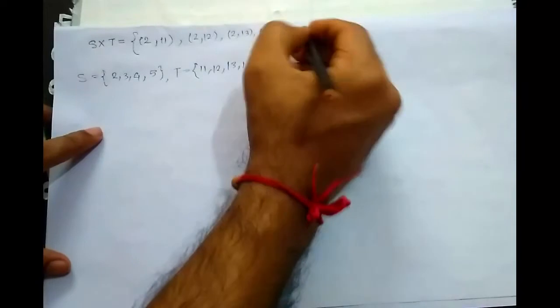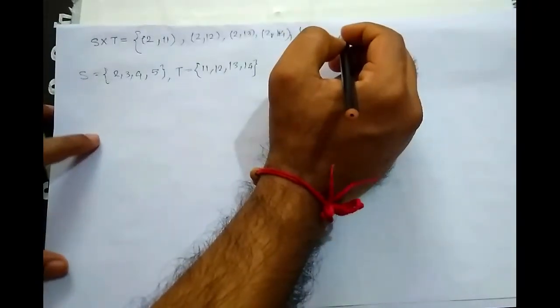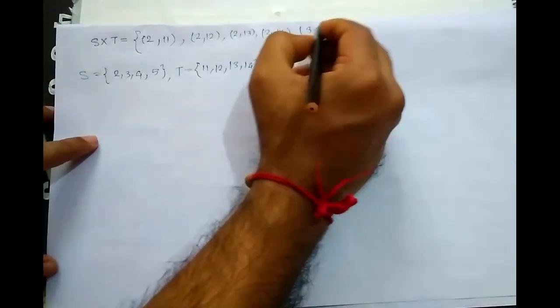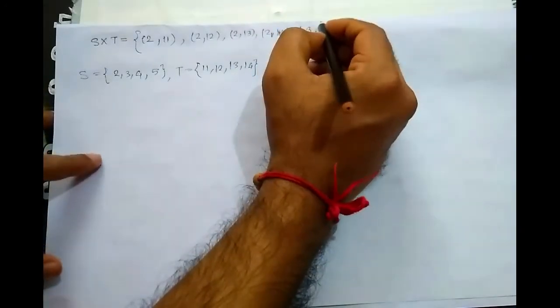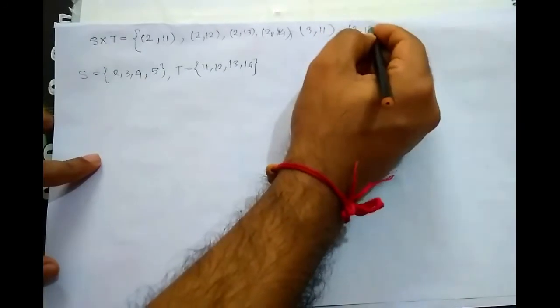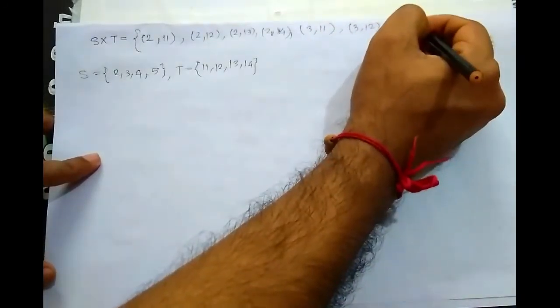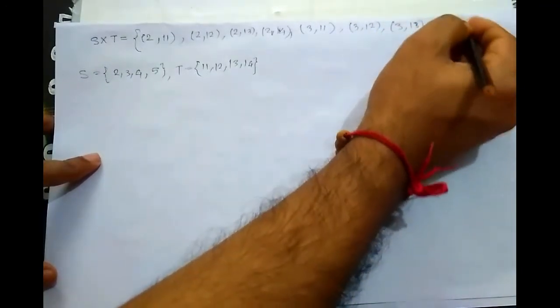Now the ordered pairs having 3 as a first component are (3, 11), (3, 12), (3, 13), (3, 14).